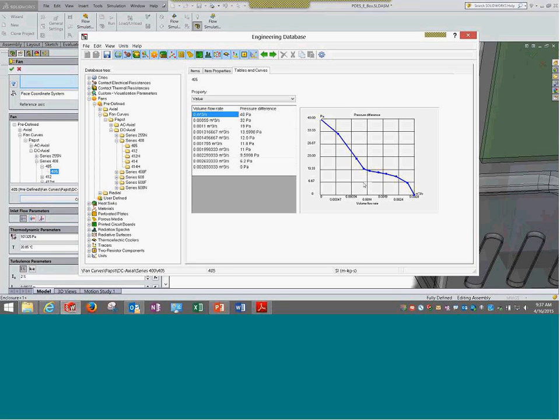Typically, fans are very efficient at a certain pressure in a certain way. Now, just some funny things about this curve.